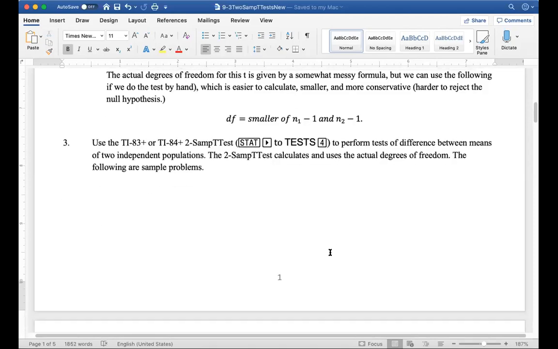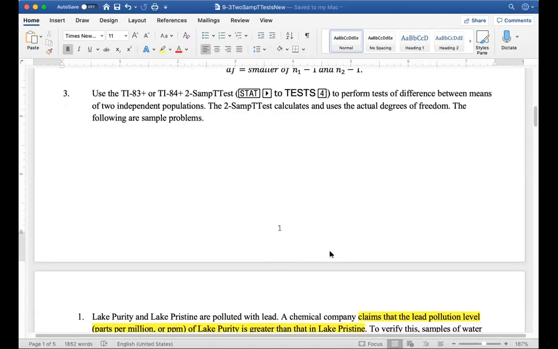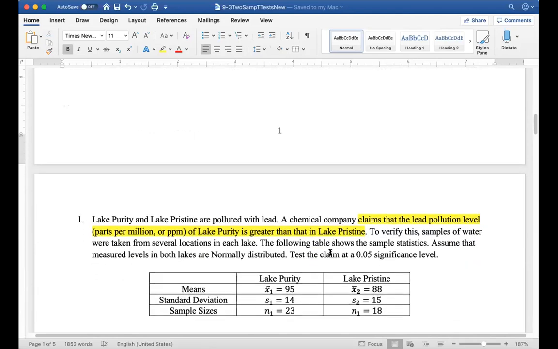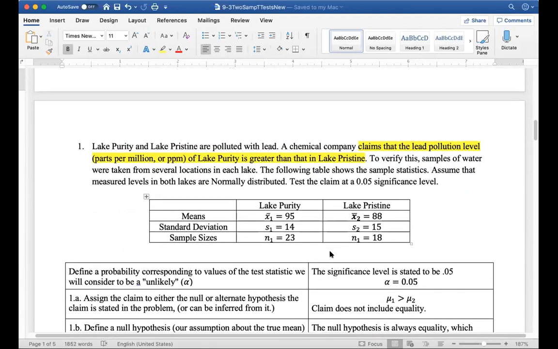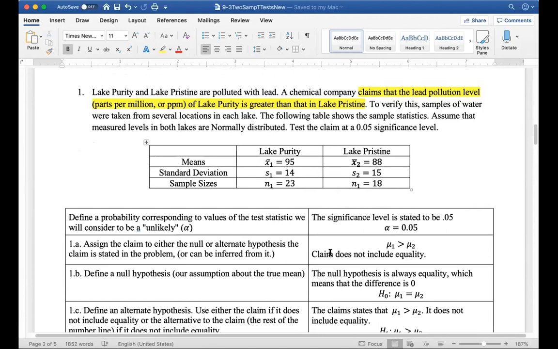Okay, so let's go ahead and start looking at problems here. Let's look at the first one. Lake Purity and Lake Pristine are polluted with lead. A chemical company claims that the lead pollution level in parts per million of Lake Purity is greater than that in Lake Pristine. So we've got two populations.